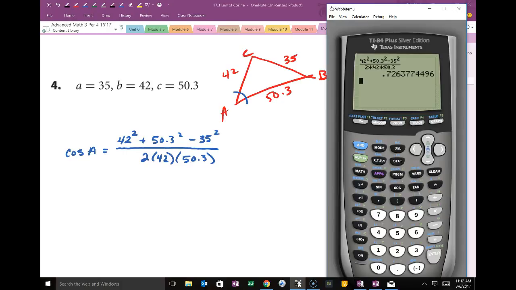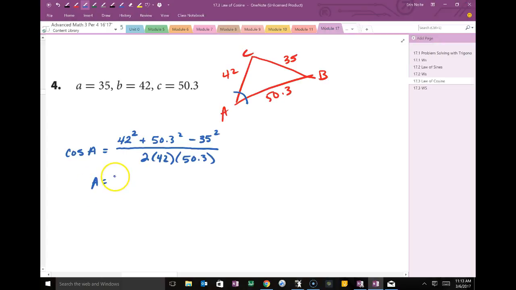So is that angle A? No. Remember, if I'm looking for an angle, what do I have to do? Inverse. And since we're working with cosine, it's inverse cosine. Did anyone else get 43.4 degrees? Okay, good.